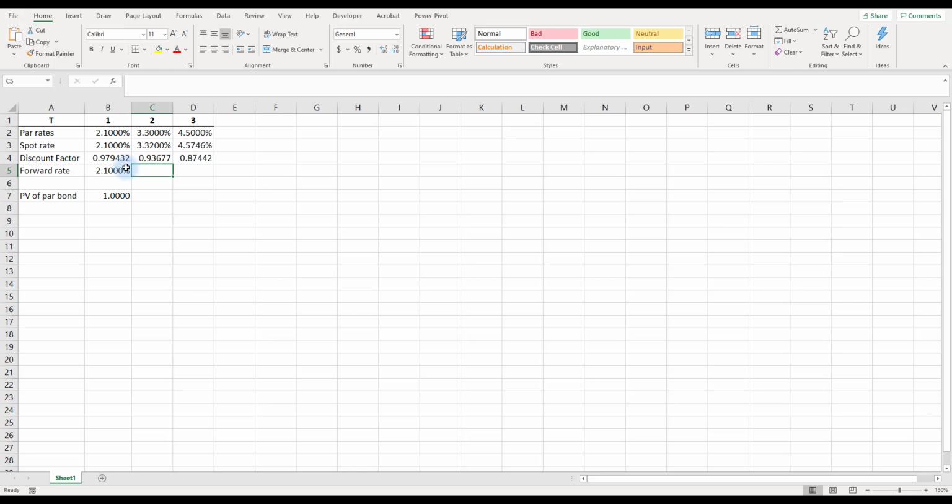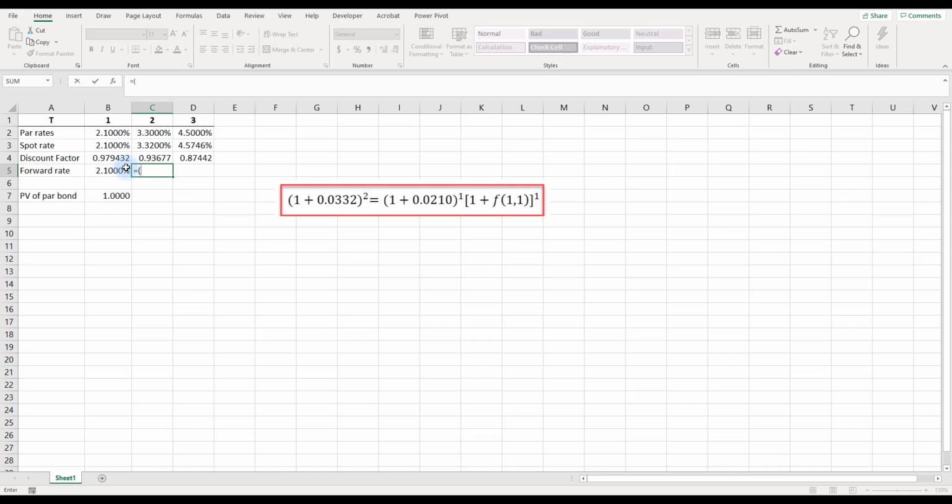Now, the next part here is to get the 1 year forward rate starting in 1 year's time. To get that number, I will take 1 plus the 2 year spot rate and raise this to the power of 2. Then I will divide by 1 plus this 1 year spot rate here, which is 2.1%, raised to the power of 1.